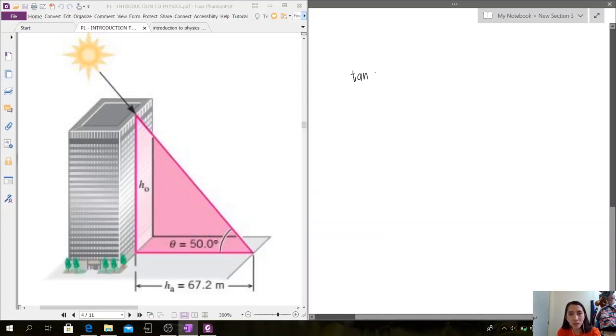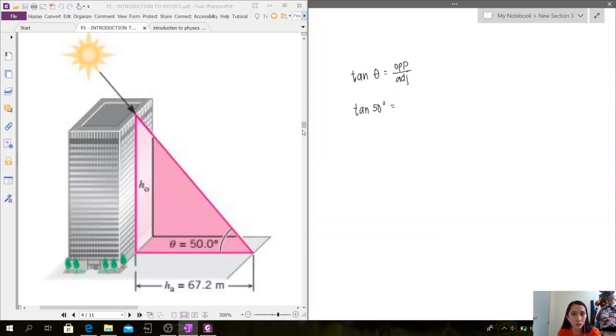Tangent theta is again equal to opposite over adjacent side. So, we have theta is equal to 50 degrees, tangent 50 degrees, that is equal to the height of the building.